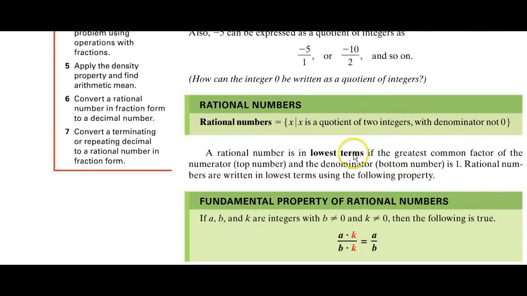So, in writing rational numbers, whether they were initially integers or whole numbers, as long as the denominator is not 0, these are the rational numbers.